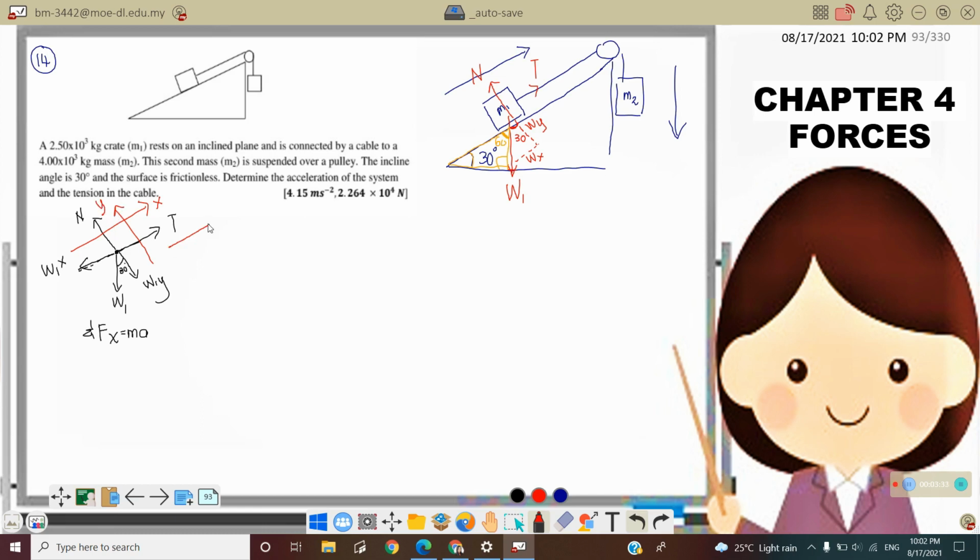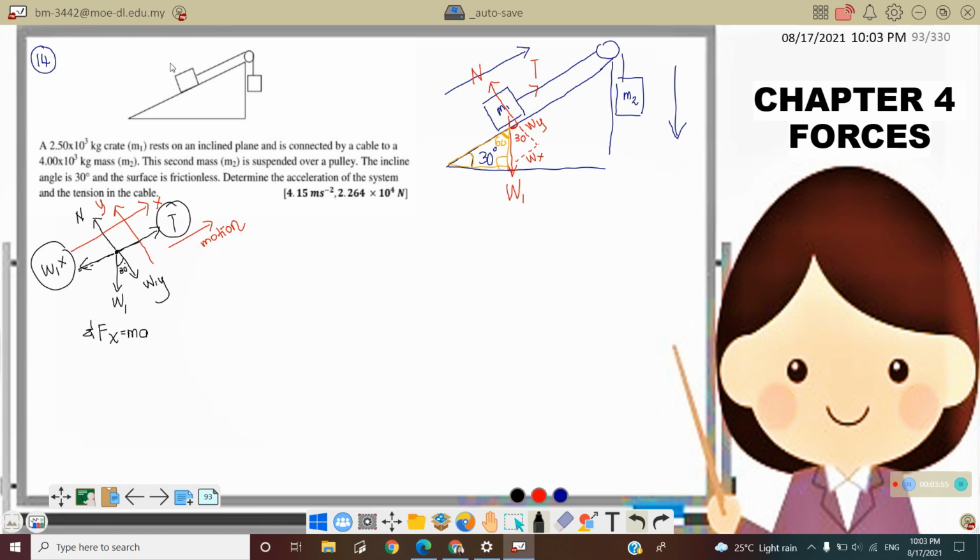And the motion is acting upward. The force in a similar direction with the motion is positive. So for the x component we have tension, and also we have weight x component. We take tension minus weight, because the tension direction is similar to the motion.